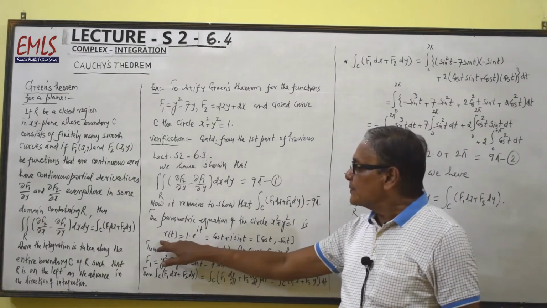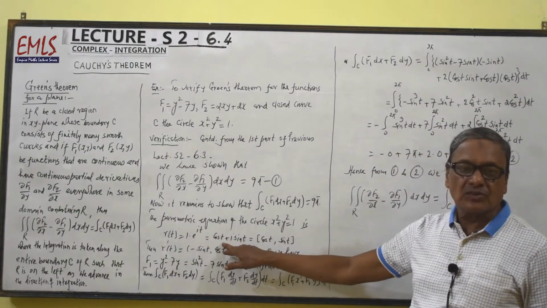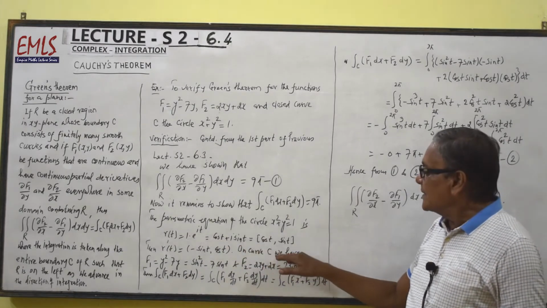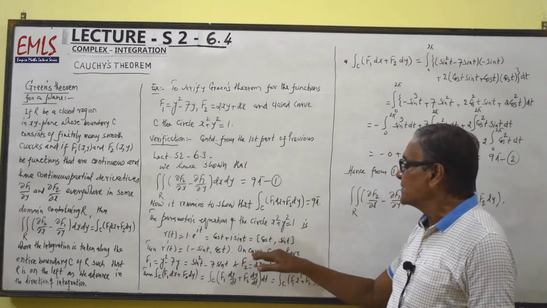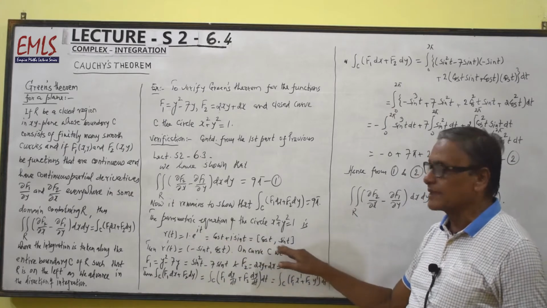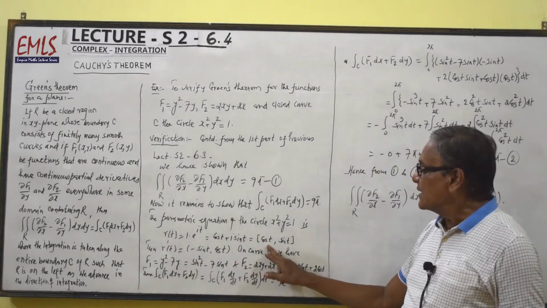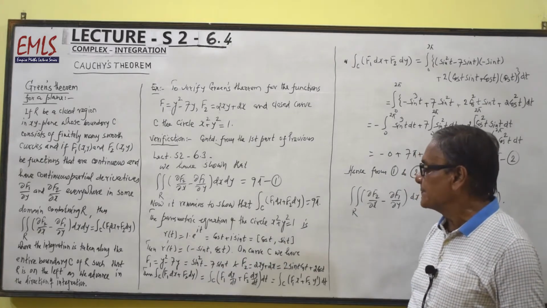So its parametric representation is r(t) equal to e to power it, and e to power it will be cos t plus i sin t. In terms of ordered pair representation of this complex number, this can be represented in the form of the ordered pair (cos t, sin t). Then r dash t will be equal to (minus sin t, cos t), its derivative with respect to t.